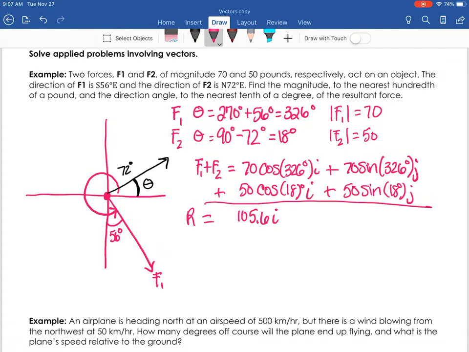I got 105.6 for i. And then when I added the b components, or your vertical components, I got, let's see, 23. Oops, that should be a negative. I got a negative 23.7 j.